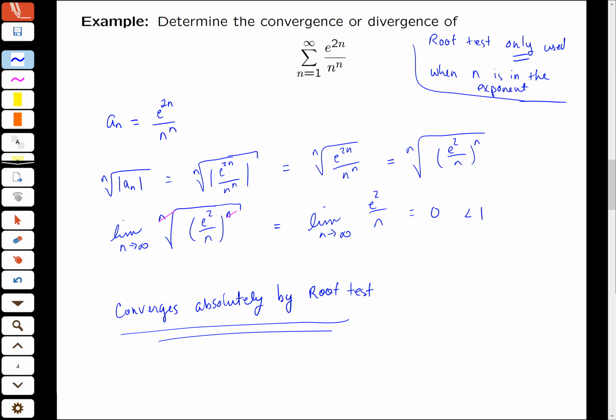Make sure you tell me convergence absolutely, guys. And by the root test, I want to know what test you're using.